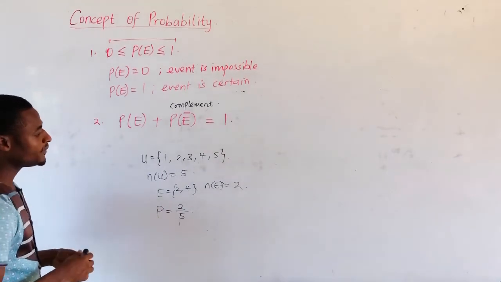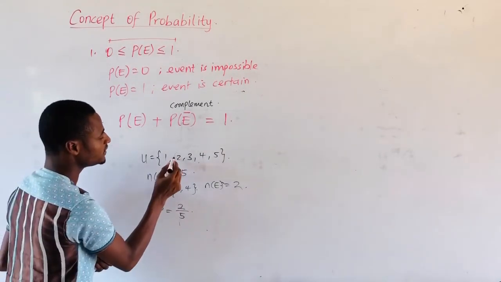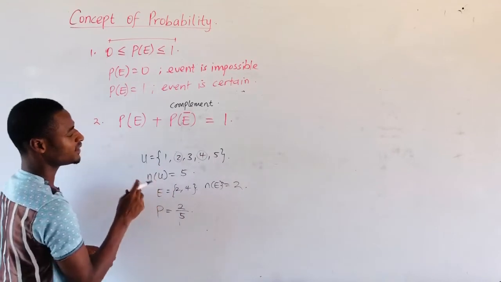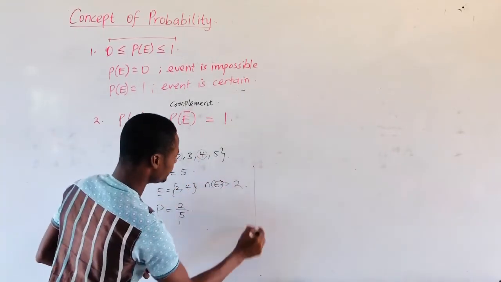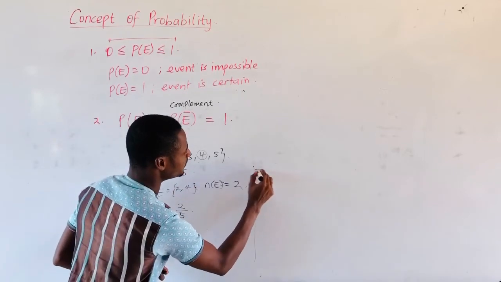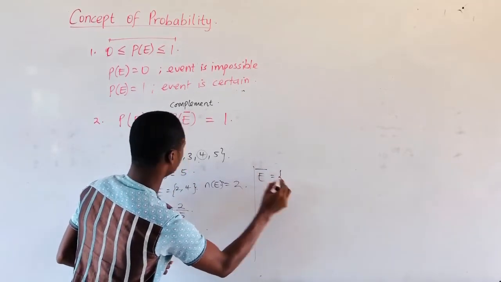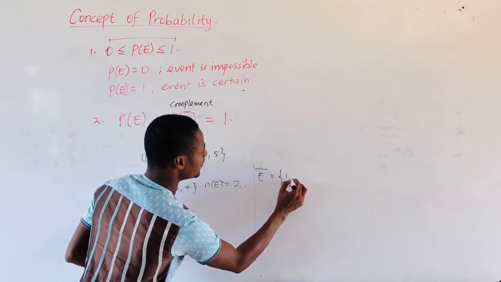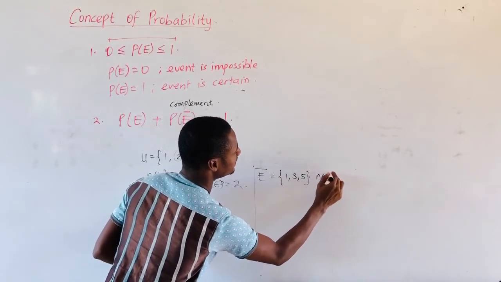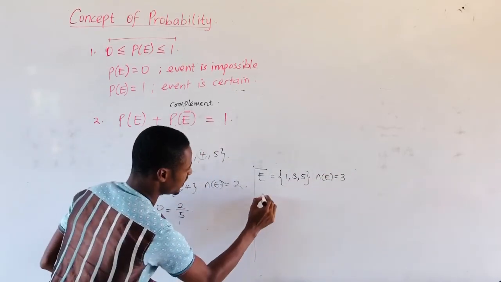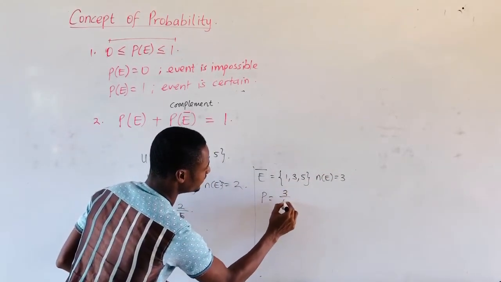Now the complement of this is when we take out the even numbers, what are the elements that are left in the set? So the complement of this event will be equal to the elements left, 1, 3, 5, and the number of elements here is equal to 3. So our probability will be equal to 3 over 5.